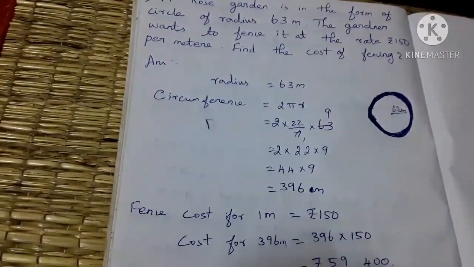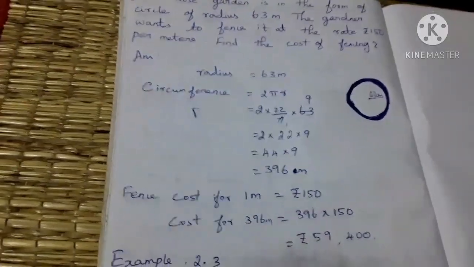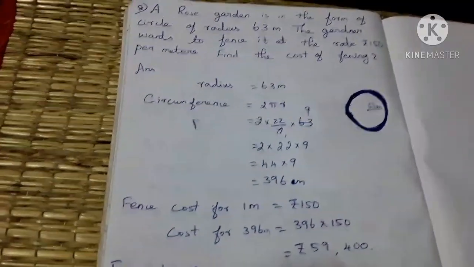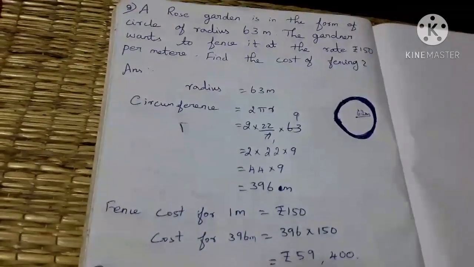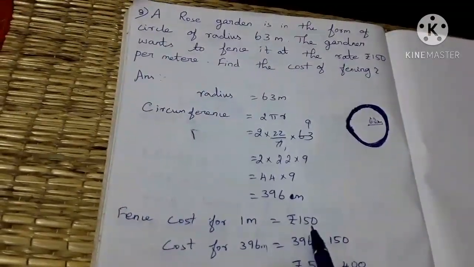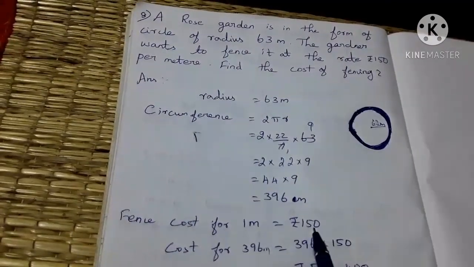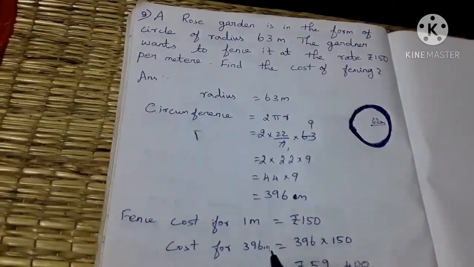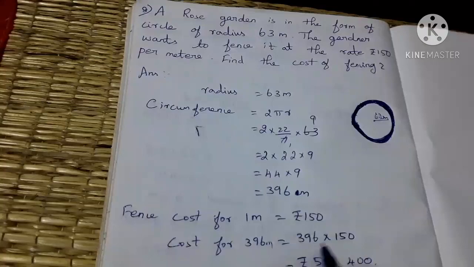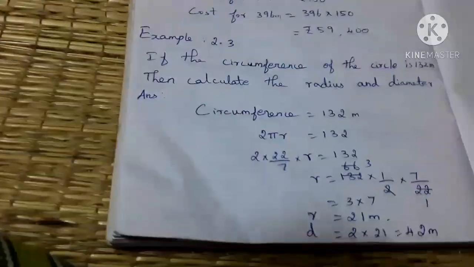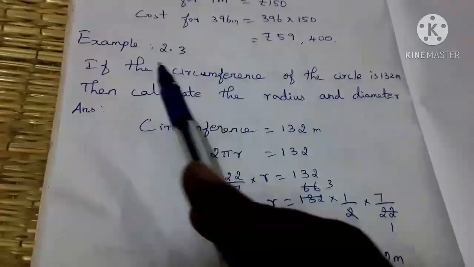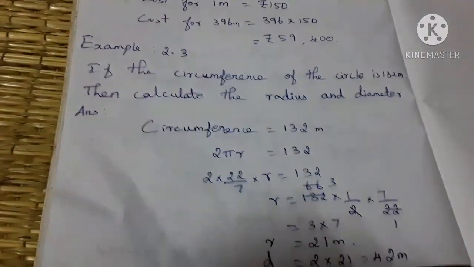We want to fence 396 meter, so we multiply 396 by 150. We get rupees 59,400.